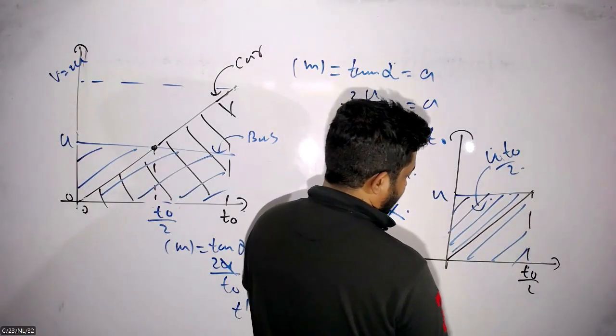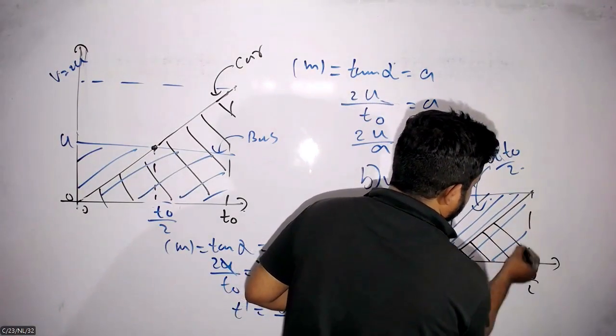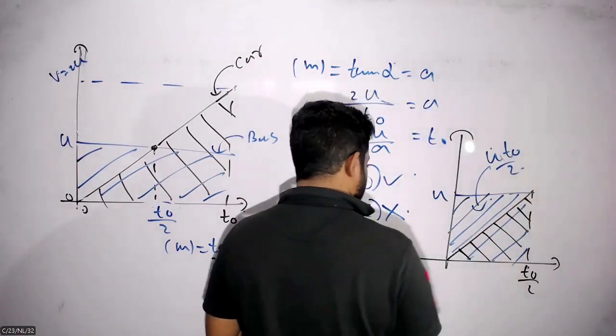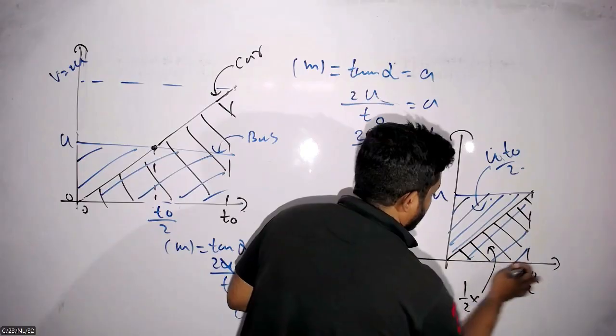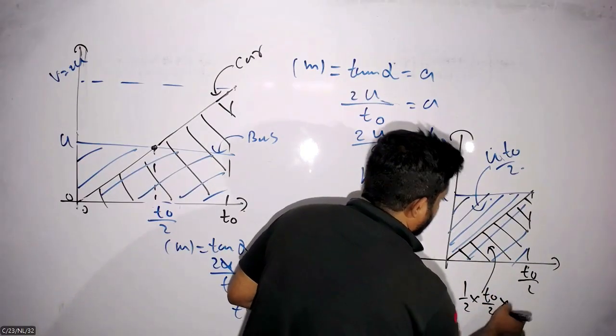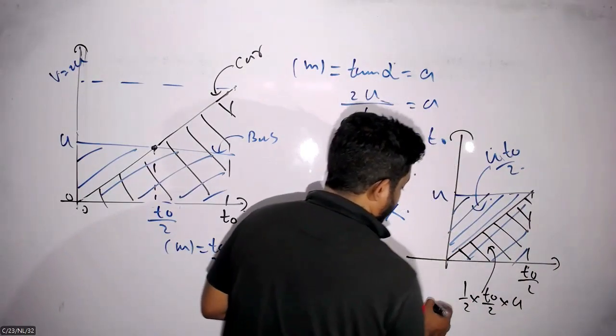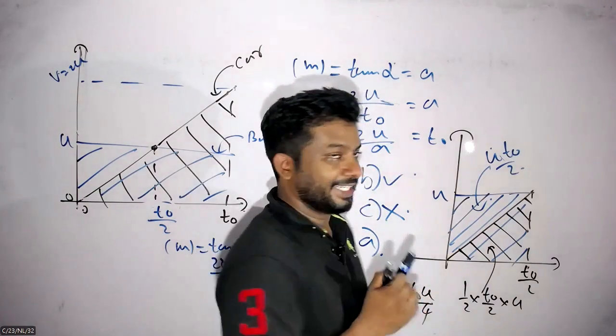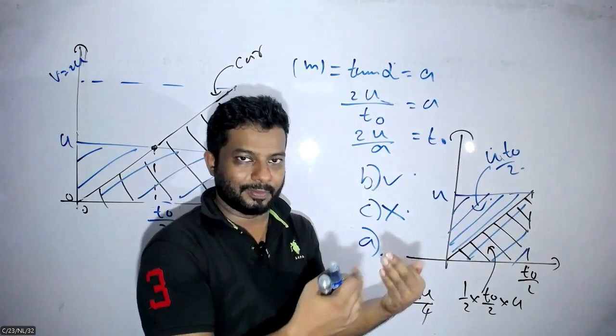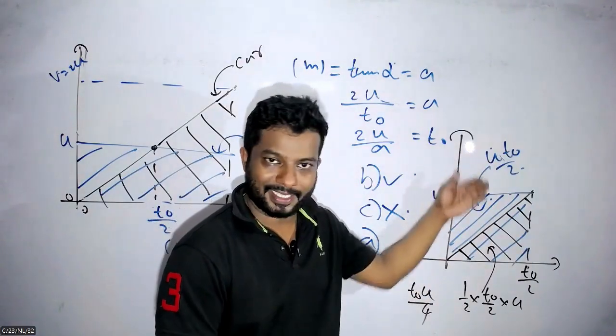And also you can find the displacement acquired by the car when the two velocities are equal. It is equal to half into base t naught over 2, altitude u. It is equal to t naught u over 4. Then you can identify the maximum gap between the two objects. It is the difference between the two displacements.